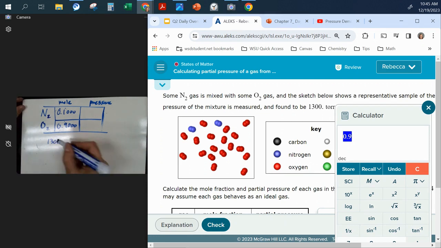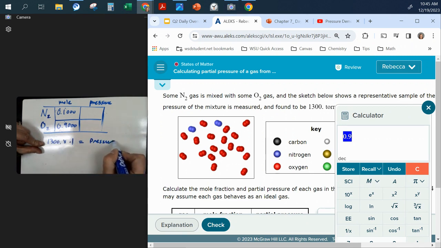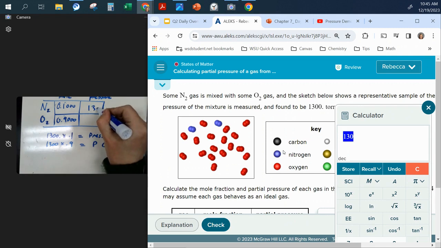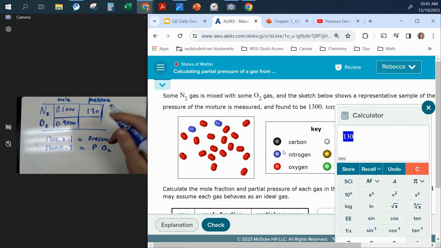So I'm going to take this times 0.1 to get my pressure for nitrogen. And then I'm going to take this times my fraction for the pressure for oxygen. So let's do the top one first. 0.1 times 1300. That's 130. And we need 4 significant figures. So I'm going to put a 0 at the end.